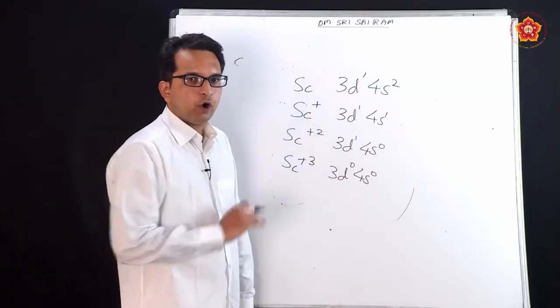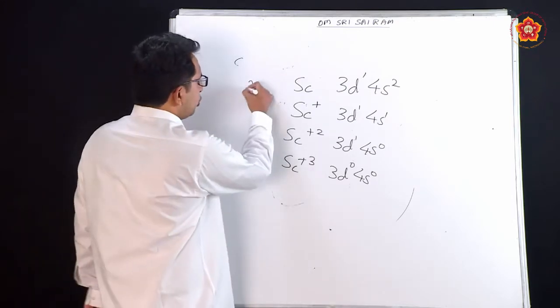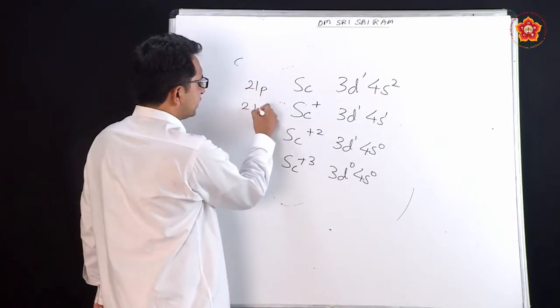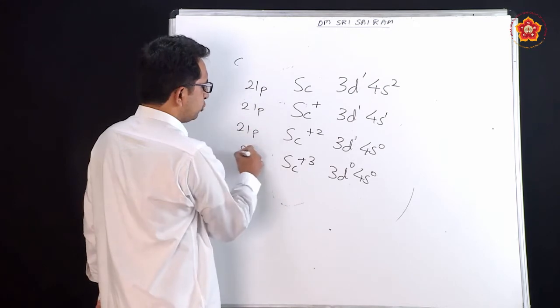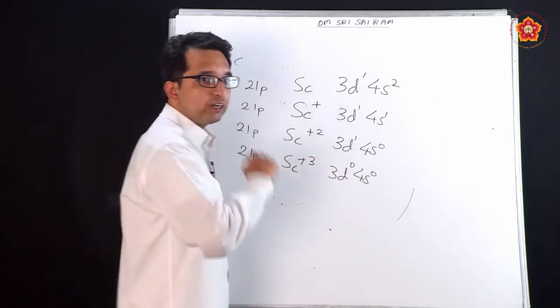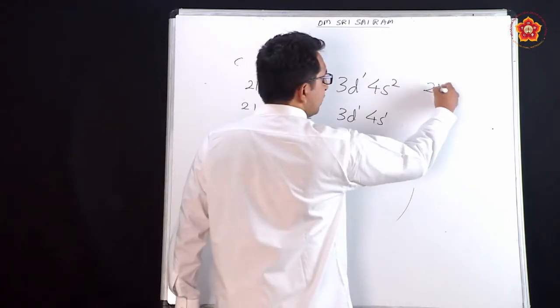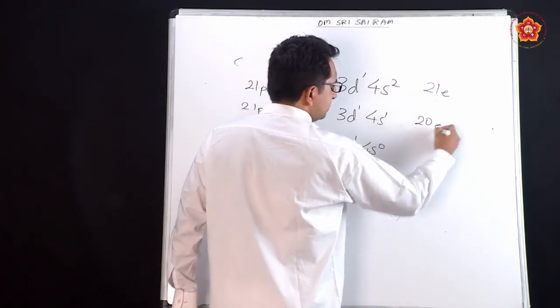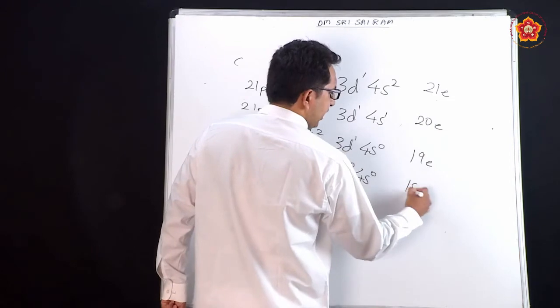What we mean by all this is, the protons in these cases are the same: 21 protons, 21 protons, 21 protons. In all the cases the protons are the same. But what is happening to electrons? Here it is 21 electrons, 20, 19, 18.